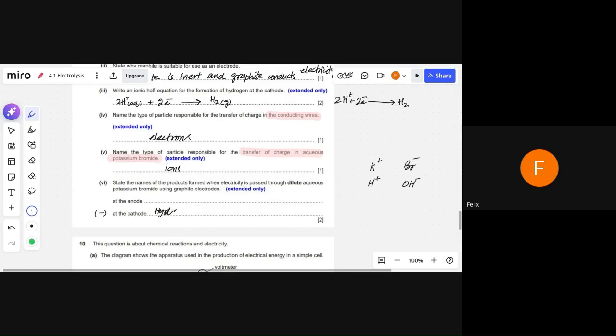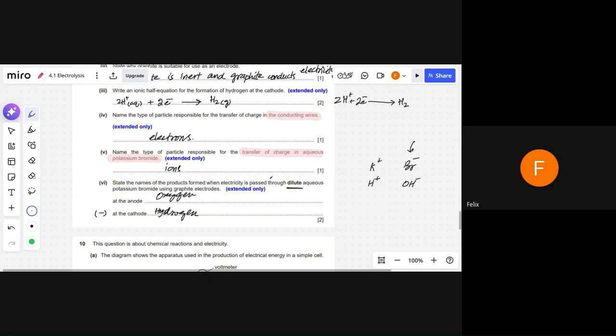And at the anode, since it is a dilute aqueous potassium bromide, for a halide to be deposited, the solution must be concentrated, right? If it is dilute, then your OH- will change into oxygen. So the answer is oxygen. I hope this is clear.